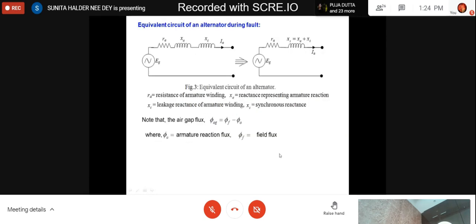when we are analyzing a fault, we need a circuit, because we have to calculate the current. So we have to represent every power system component. For example, a transformer in a system is loaded. Then what will be the transformer efficiency? What is the loss in the transformer?